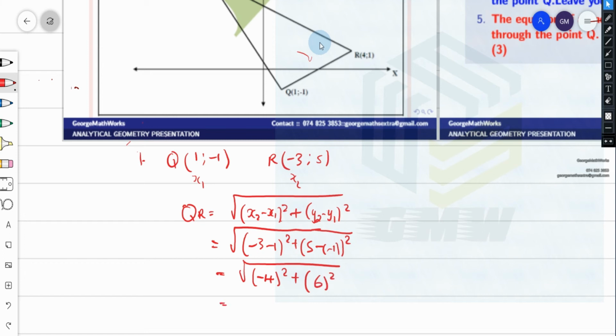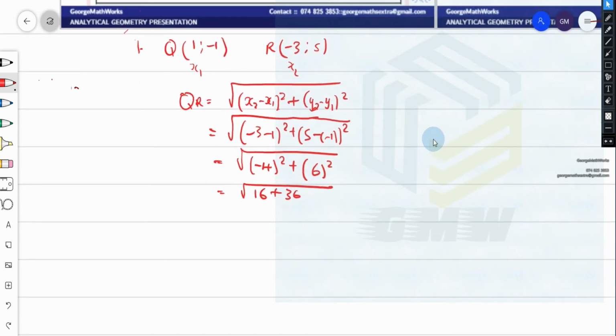So here it becomes the square root of 16 plus 36, which then reduces to the square root of 52. Now remember, our question specified to leave your answer in surd form.